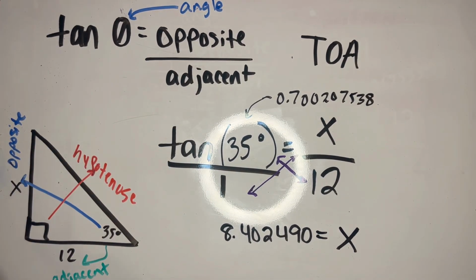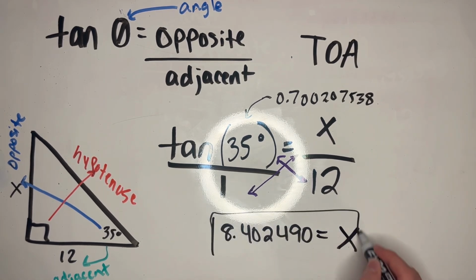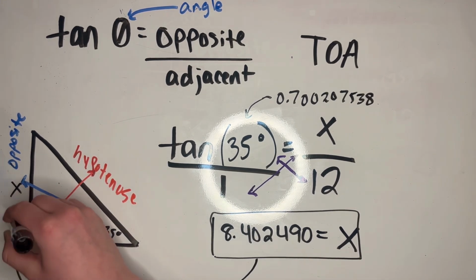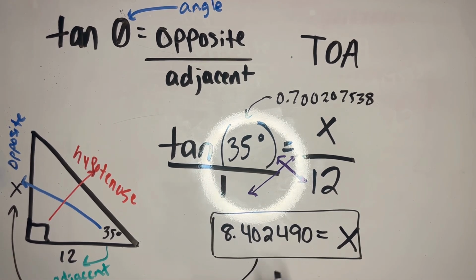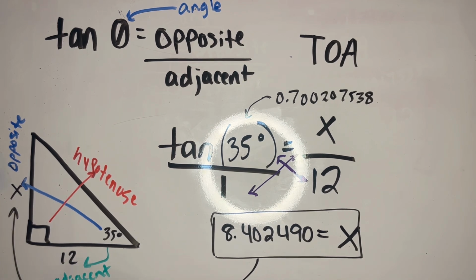So that means that our missing side, because again, it can get confusing and we might forget what we're even solving for with all the work that we're doing, is about 8.4 units long. Normally you'll round, and for the next problems, we'll round to the nearest hundredths place, so the second decimal.